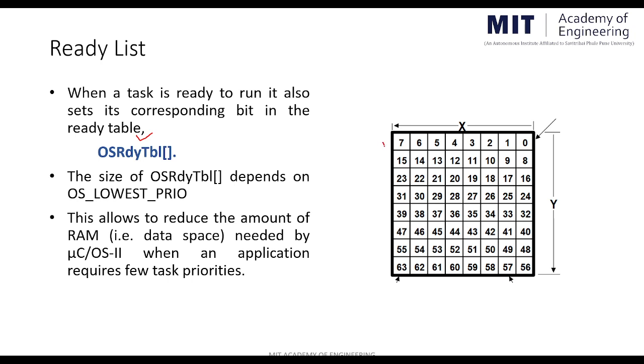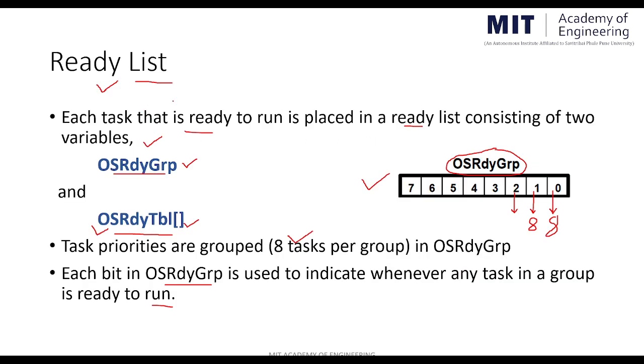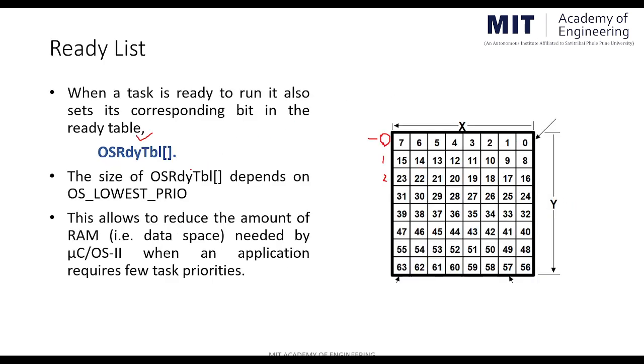So this is the 0th group, indicated by the 0th bit from the OSRdyGrp variable. Then this is the first group, this is the second group. Every bit in the OSRdyGrp points to one of the groups in the OSRdyTbl.